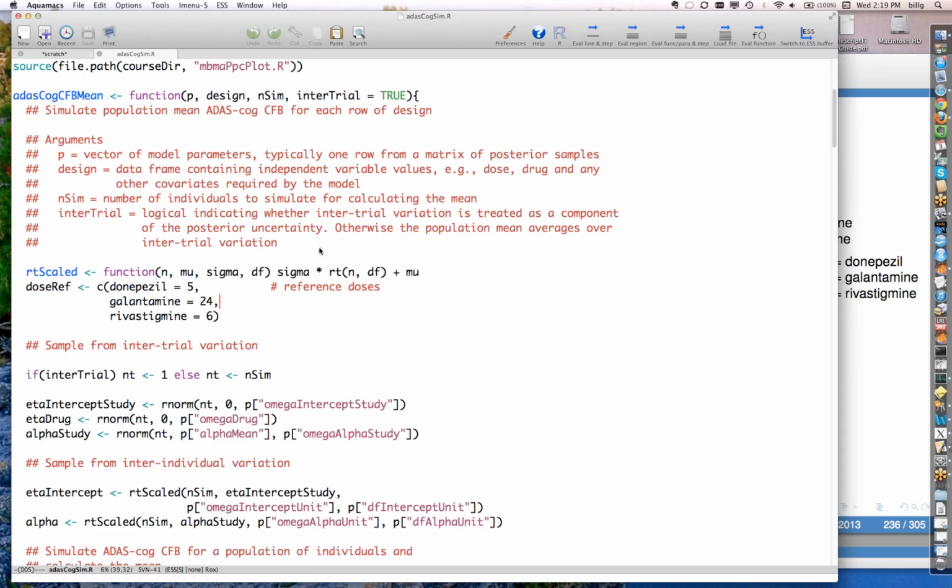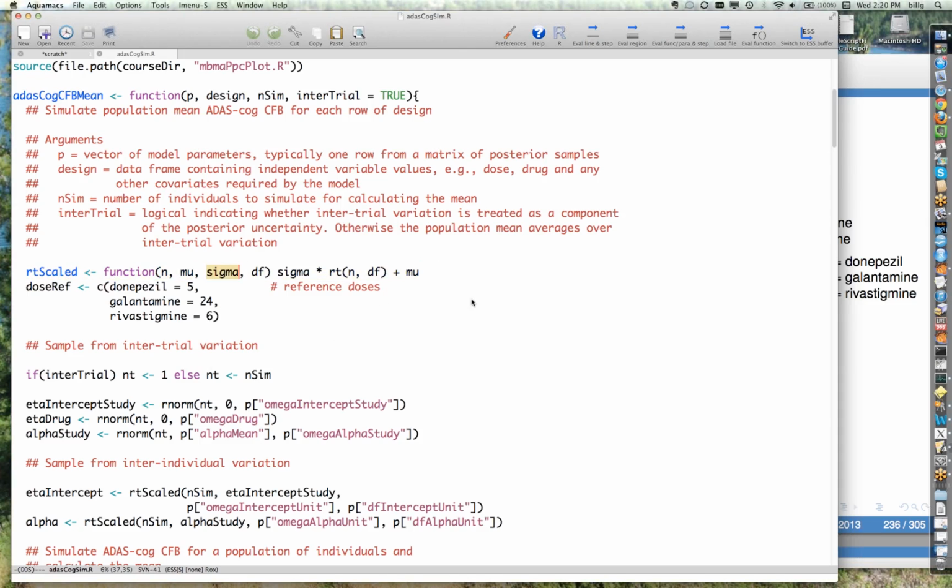It's actually pretty simple. The way I set it up is I generated a new function, which is based upon the one that is built in, and it makes it look like most of the other random number generation functions in R. So it's got arguments of n, the number of random variables to generate, mu, which is our mean, sigma, which is our scale parameter.